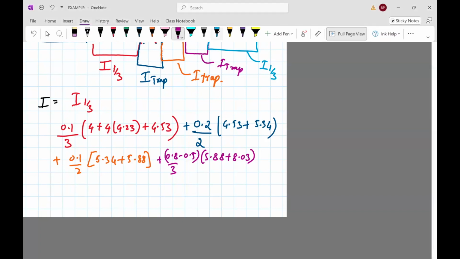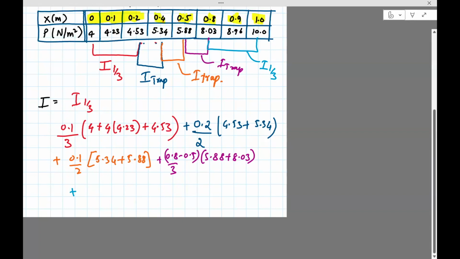And then the last one is the 1/3 rule. Here the grid spacing is 0.9 minus 0.8, which is 0.1, and 1 minus 0.9 is 0.1. So 0.1 divided by 3 for the 1/3 rule. And then I need the first point, 8.03, 4 times the second point, 8.96, and 1 times the third point, which is 10.0.